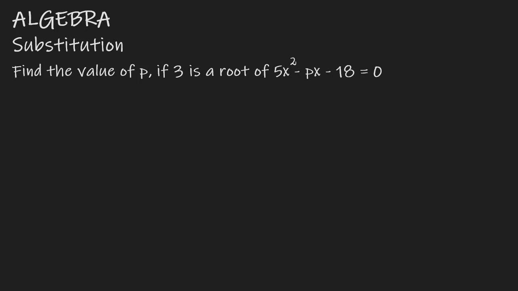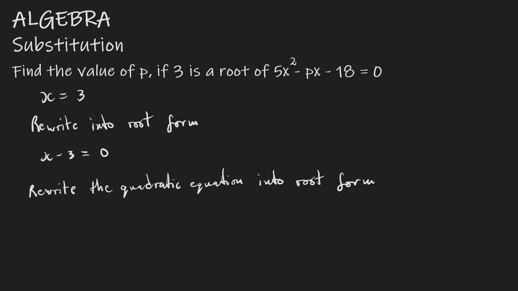In this example, find the value of p if 3 is a root of 5x squared minus px minus 18 is equal to 0. Well, if 3 is a root, we know that x is equal to 3. We can rewrite into root form. So x minus 3 is equal to 0. We can also rewrite the quadratic equation into root form.